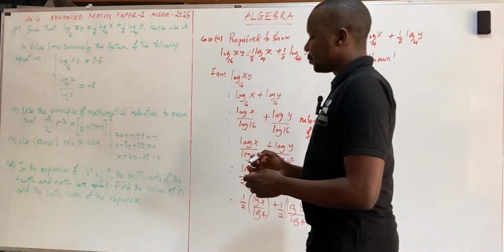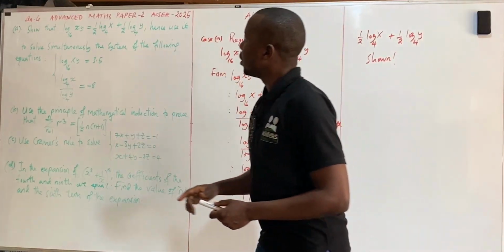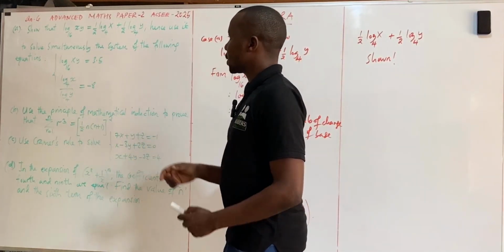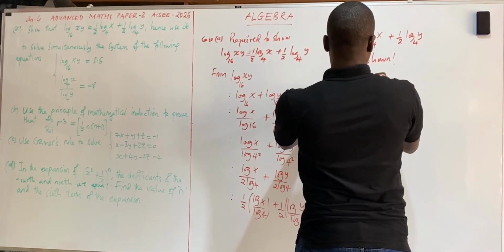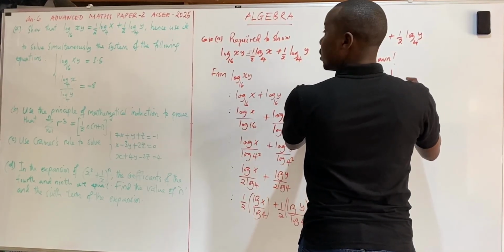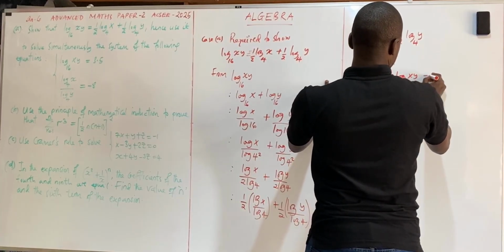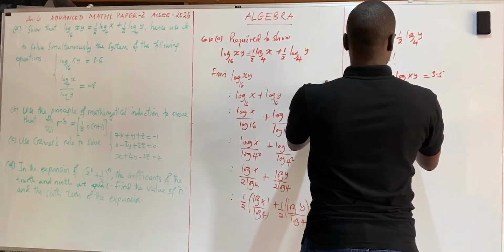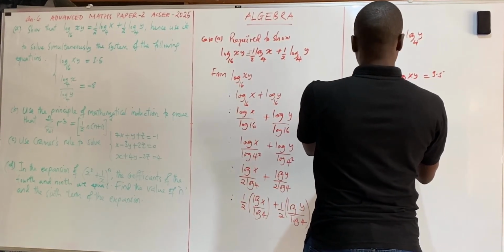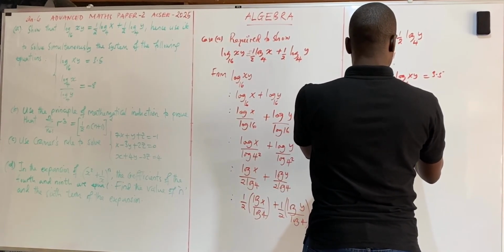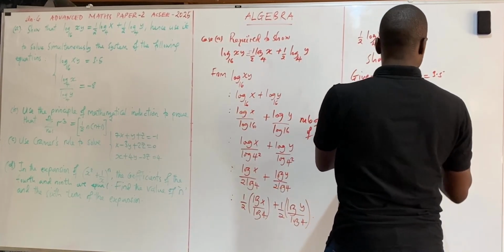Now let's use this concept to solve the system of simultaneous equations that we are provided with. We are given log of xy to base 16 equals 3.5, and logarithm of x to base 4 divided by log of y to base 4 equals -8.